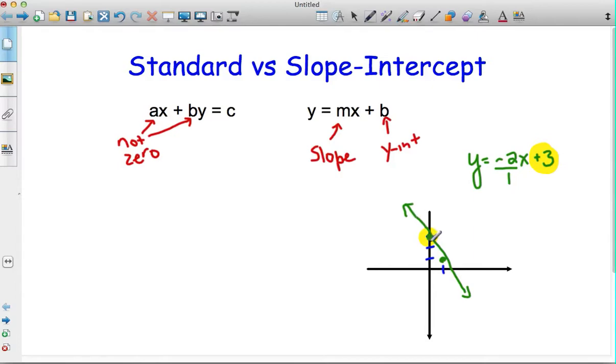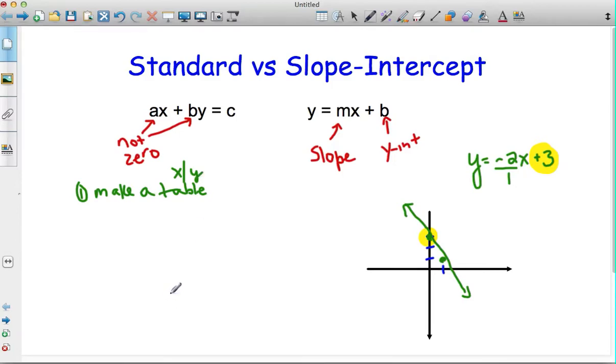That really didn't take a whole lot of math on our part other than having to count down 2 and over 1. If we take a look at the standard form, if I asked you to graph this right now, you have 2 options. Option 1 is to make an XY table.